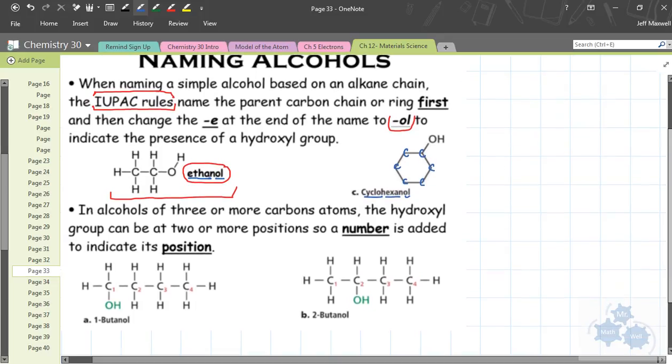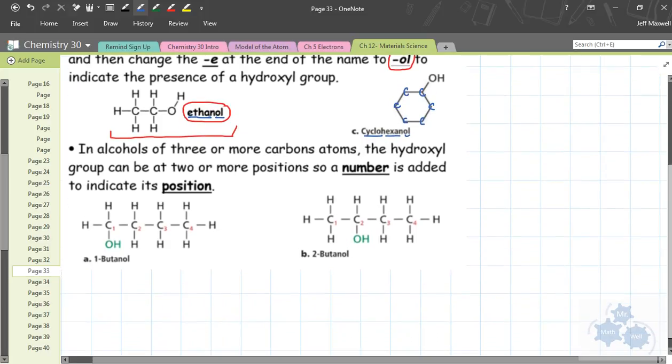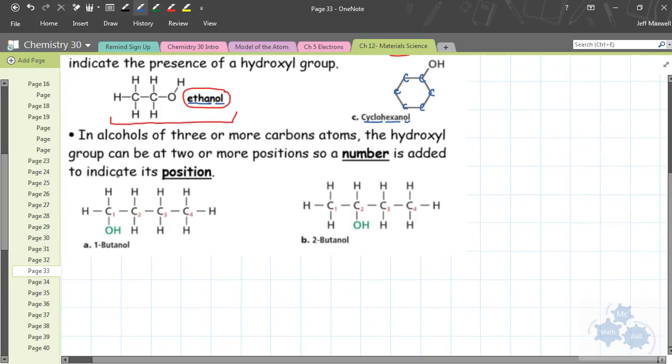And of course, you probably understand as we move to this next point that if the carbon chain gets longer than 1 or 2 carbons, the alcohol group could be on different carbons, making them different isomers. And so, when the hydroxyl group can be in 2 or more positions, you have to add a number, just like we've already done with other molecules that we've named, alkyl halides, for example.